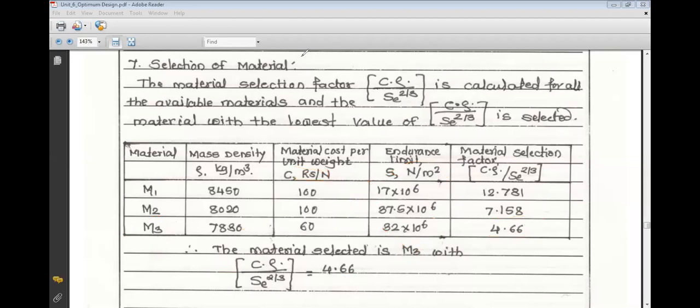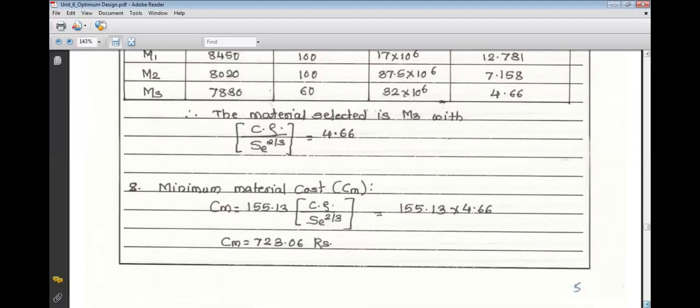In the problem, we have to find the minimum cost of the material, that is the optimum cost of the material, and also the dimensions, that is b and h. So the next step is the minimum material cost.